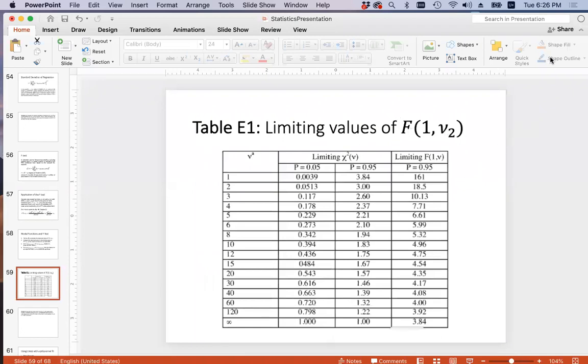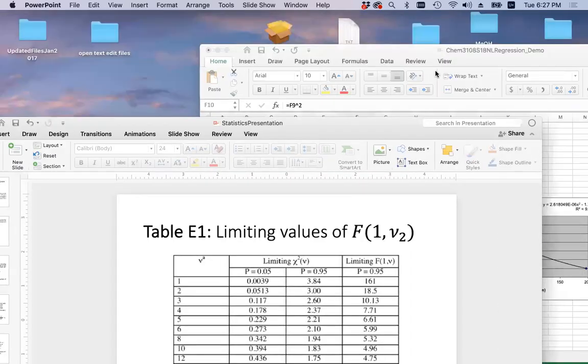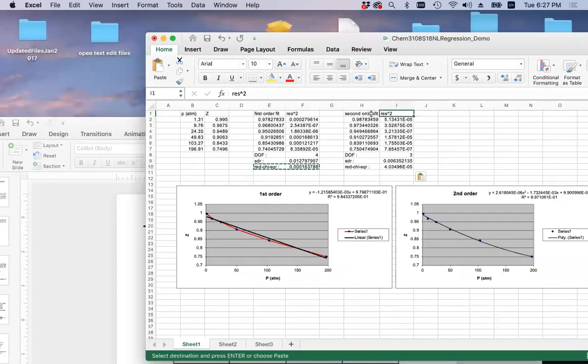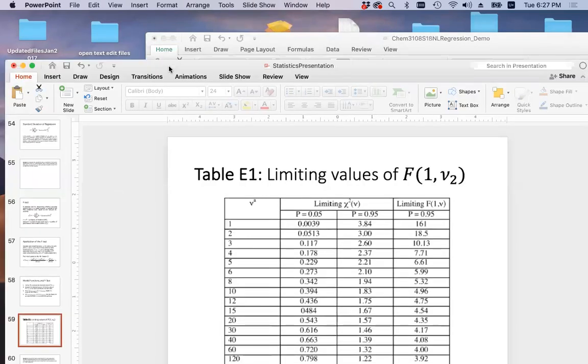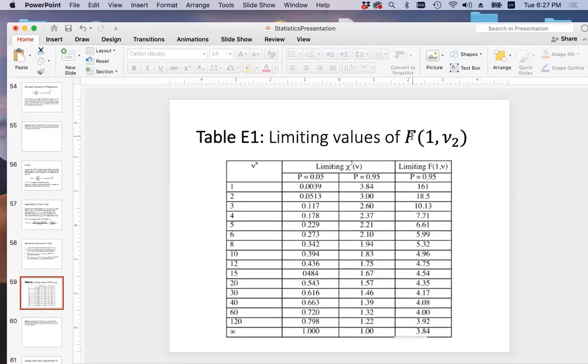And so in this case, the data that we want, so let's see, the number of degrees of freedom in the second order fit is 3. And we're increasing the number of fit parameters by 1. So we want the F1 comma 3 value. So we want to find the nu equals 3 column, or the nu equals 3 row here.